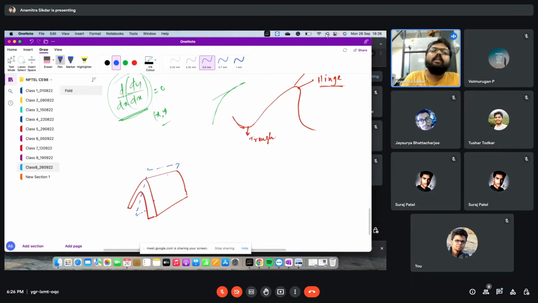It depends on what angle this limb is making with this axial plane. The plane that cuts the fold through half, say for example, will be drawn like that. You have to be equidistant from these two limbs, right? And this has to be a plane, right? So we call them axial plane.